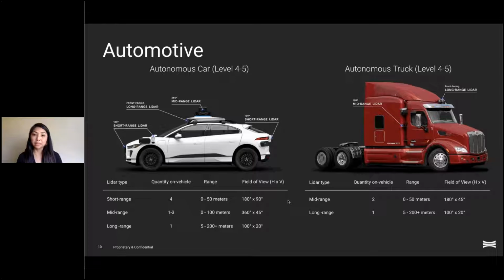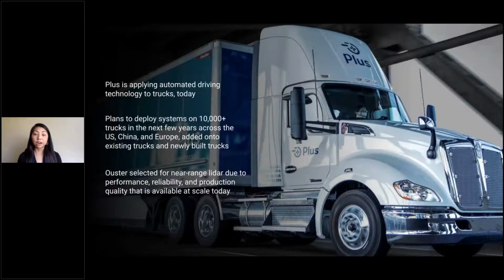So for example, as illustrated on the left, you see a front-facing long range LiDAR that's used to see the road ahead, and a mid-range LiDAR placed on top of the vehicle for mapping and localization, and finally, a suite of short-range LiDAR sensors around the edges to identify potential risks that are immediately around the vehicles, such as a cone or a curb.